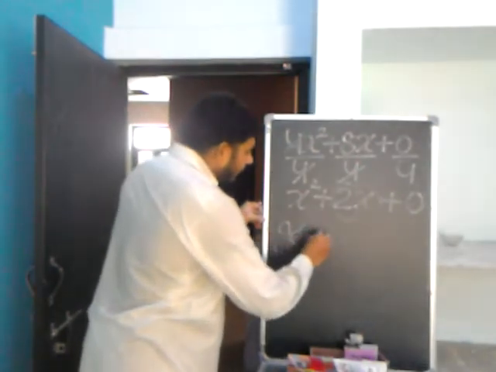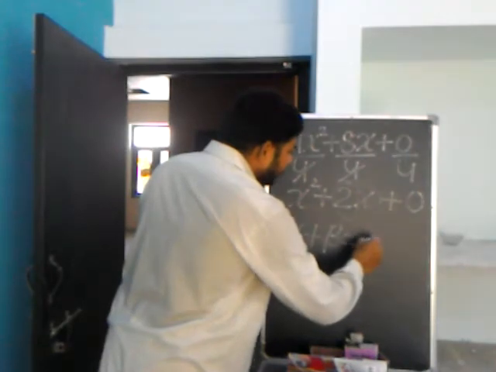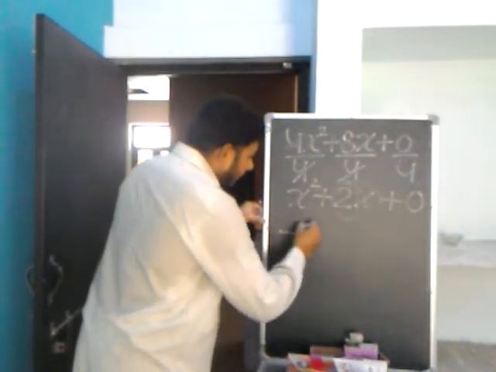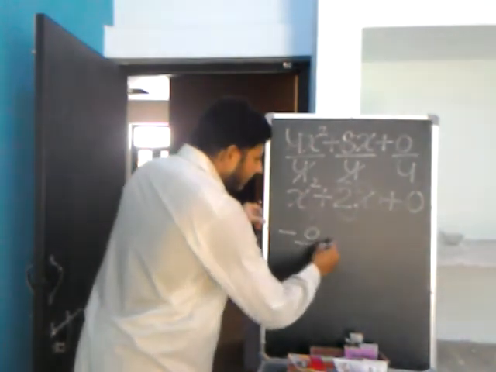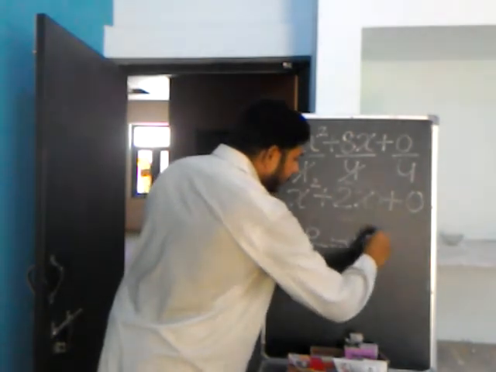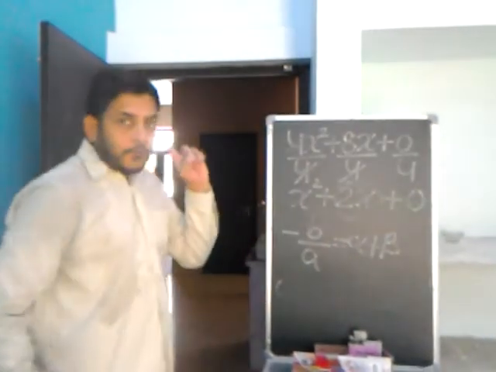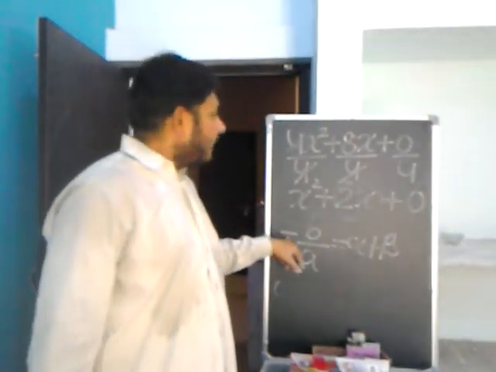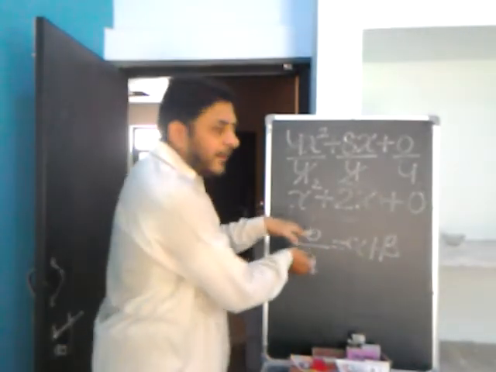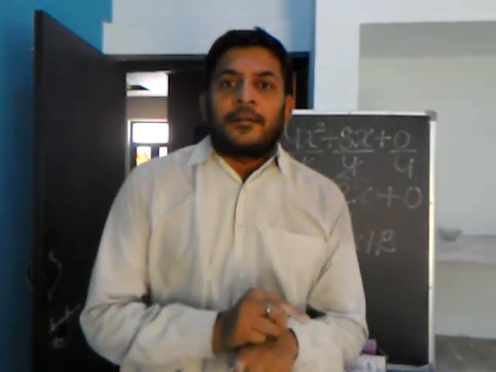Now we know that this middle term is equal to alpha plus beta, or better we can say that minus b upon a is equal to alpha plus beta. Always keep in mind that the sign will be minus initially, then if the values of b and a are minus or anything else, the change will come after.